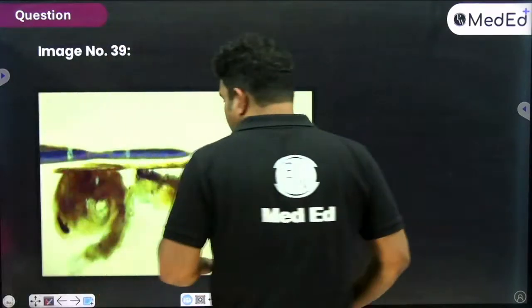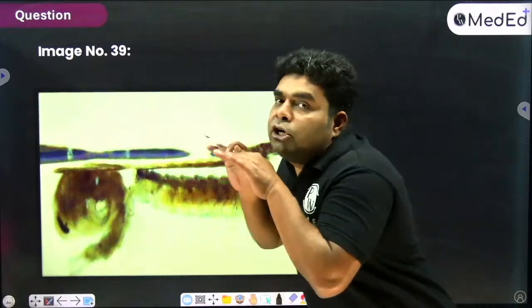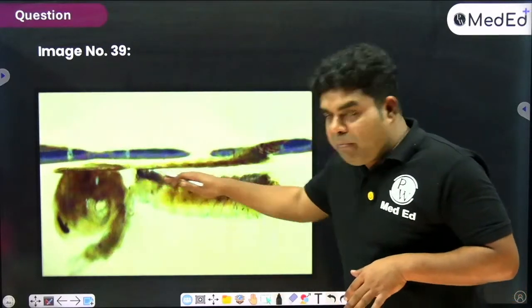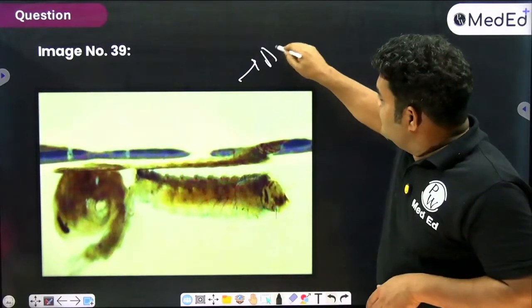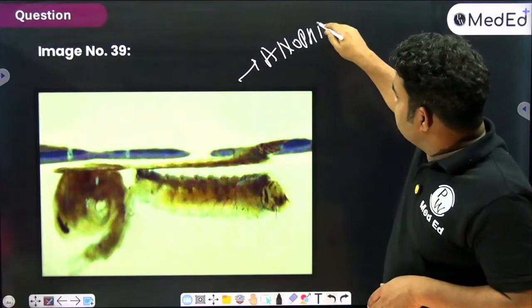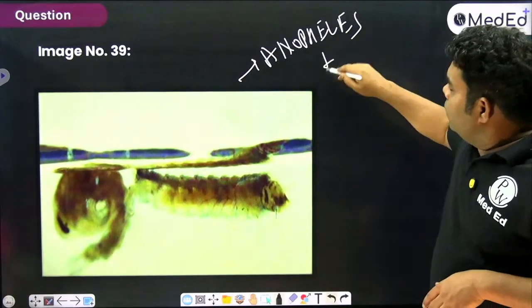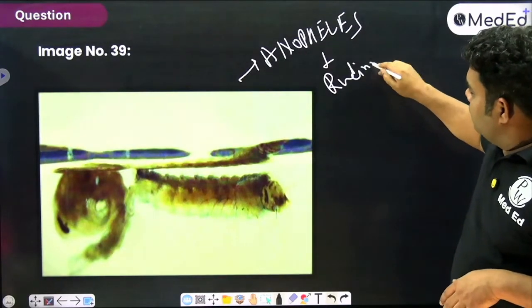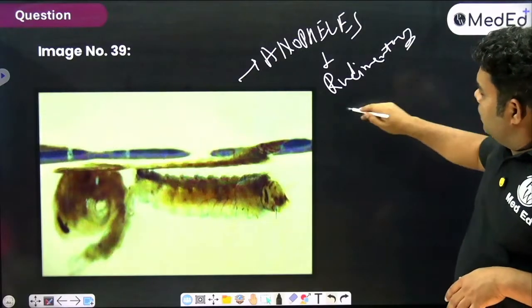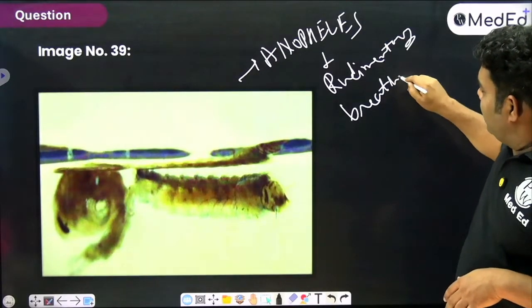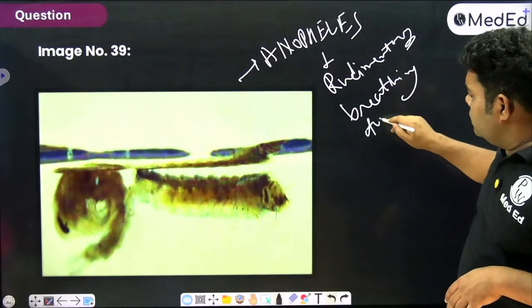Next is this larva. It is floating parallel to the water surface. If it floats parallel, this is Anopheles. Why does it float parallel? Because Anopheles has a rudimentary breathing tube. The breathing tube is small. And there is one more organ in our body also.